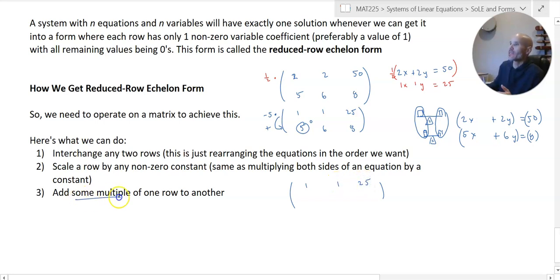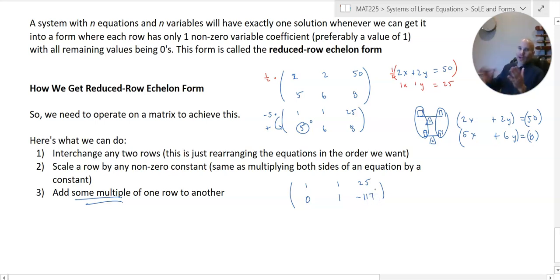I am just adding some multiple of one row to another. -5 times 1 plus 5 is 0. -5 times 1 is -5, plus 6 is positive 1. Negative 5 times 25 is negative 125. Negative 125 plus 8, if I'm doing my math correctly here, is negative 117.